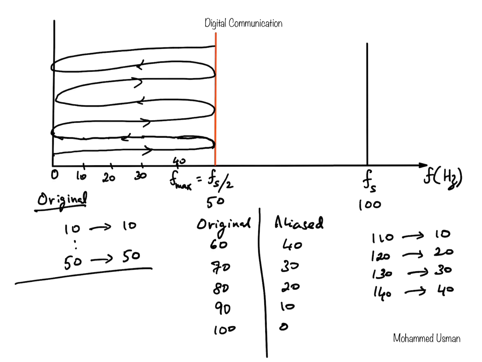Now, we also have a formula for computing the alias frequency given the value of the input frequency and the sampling rate.